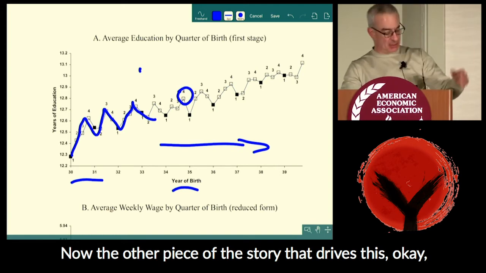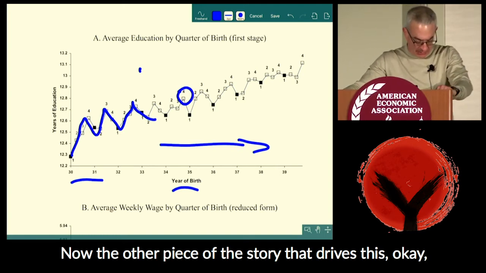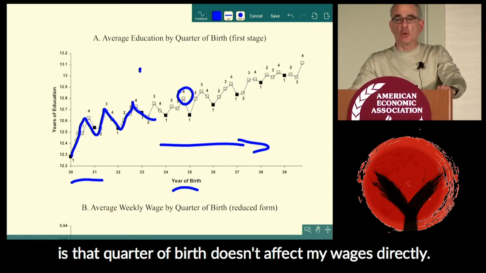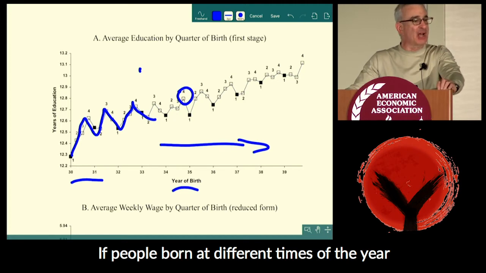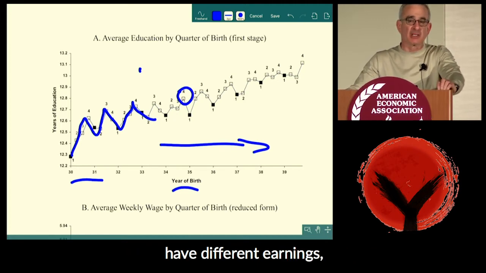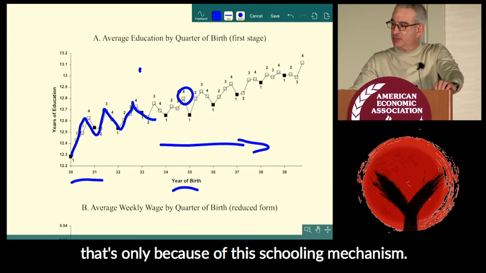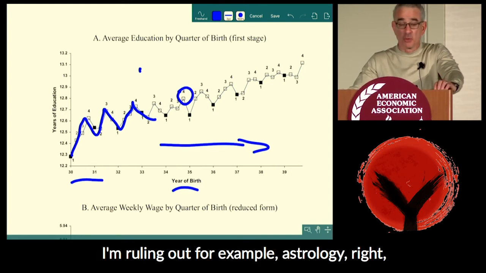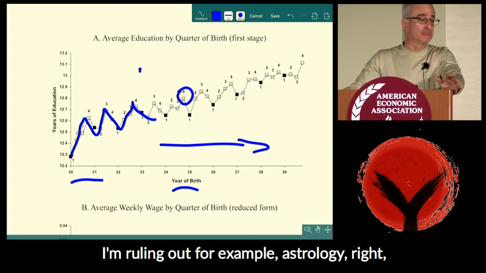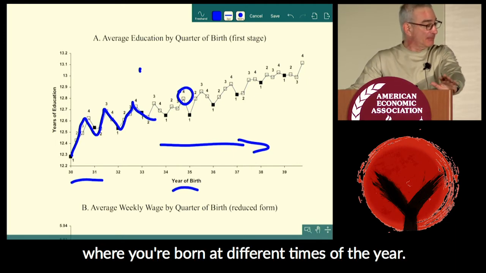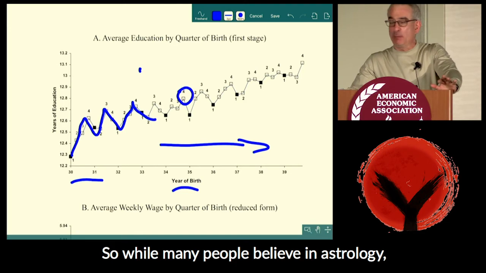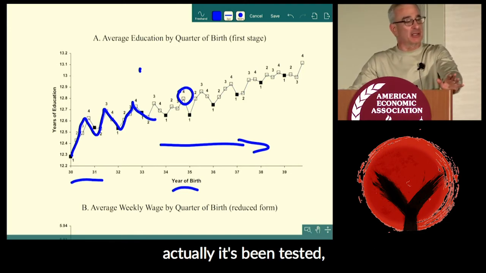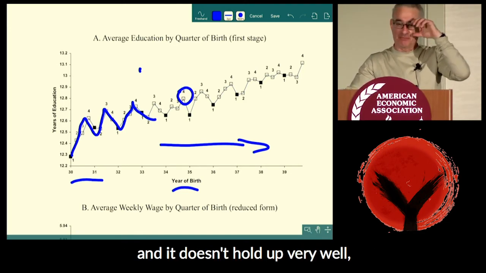Now, the other piece of the story that drives this, okay, is that quarter of birth doesn't affect my wages directly. If people born at different times of the year have different earnings, that's only because of this schooling mechanism. I'm ruling out, for example, astrology, right, where you're born at different times of the year. Well, many people believe in astrology. Actually, it's been tested and it doesn't hold up very well.